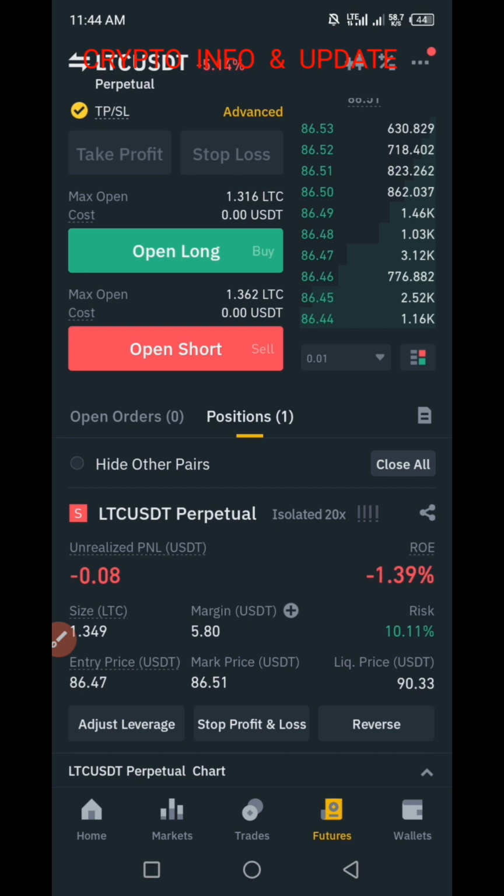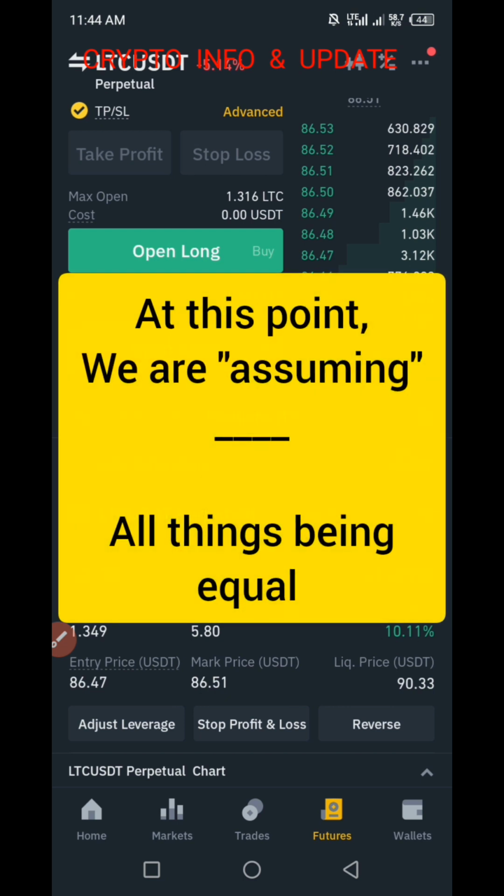So let's assume you would have been liquidated at 90.28. Let's say the market price got to 90.28, for example, and just before it got to it, your second entry price got filled. I'm just using this as an example. All things being equal, let's just assume.